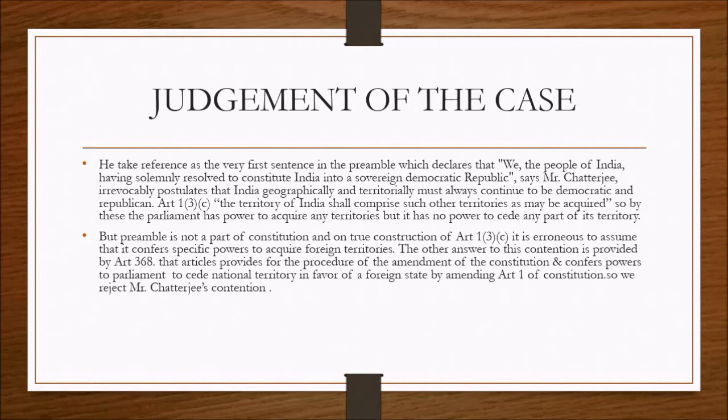That article provides for the procedure of amendment of the Constitution and confers powers on Parliament. The power to amend the Constitution must inevitably include the power to amend Article 1, and that logically would include the power to cede any national territory in favor of a foreign state. So we must reject Mr. Chatterjee's contention that no legislative process can validate the agreement in question.